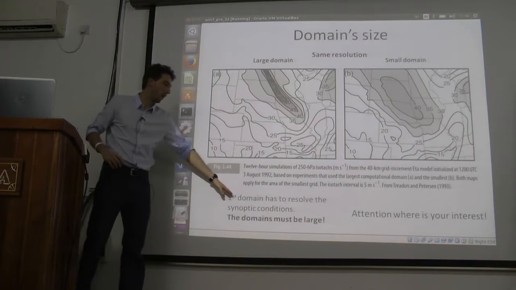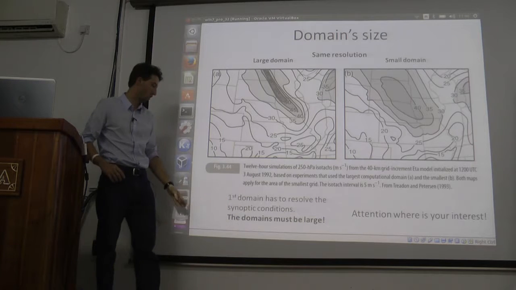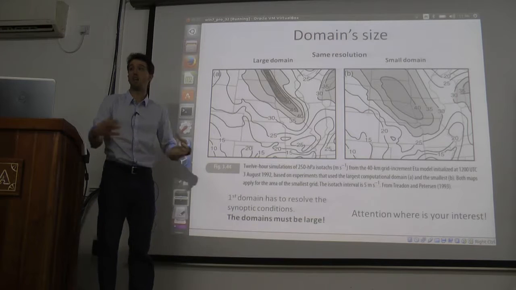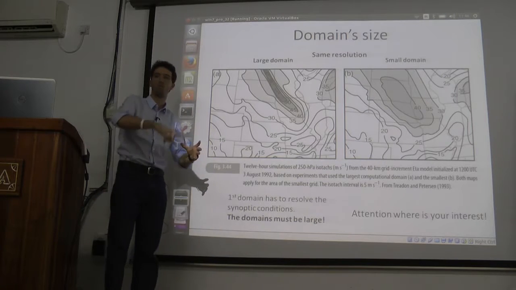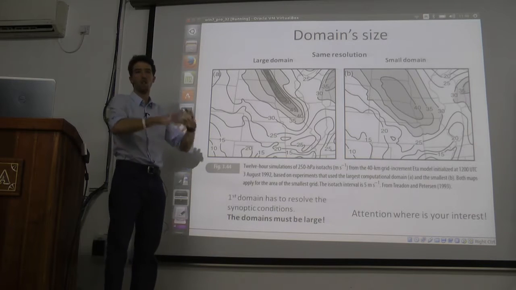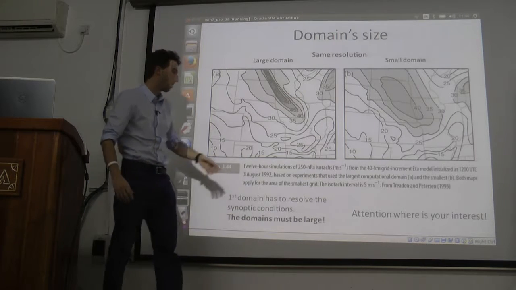So the first domain, at least, has to solve the synoptic conditions, and the domains have to be large enough to solve, for example, the subtropical high pressure or the low pressure systems that get inside your domain.